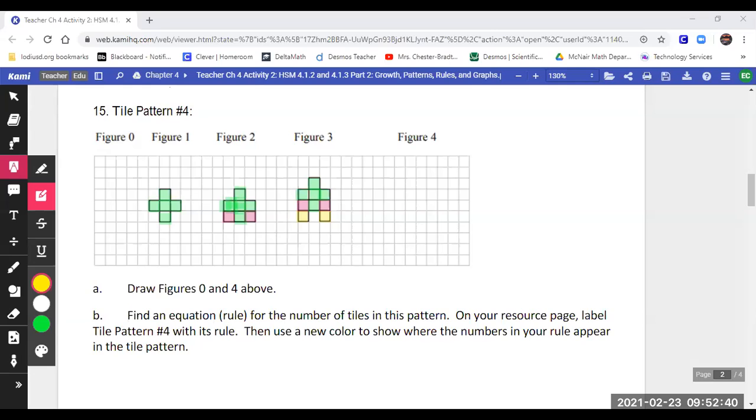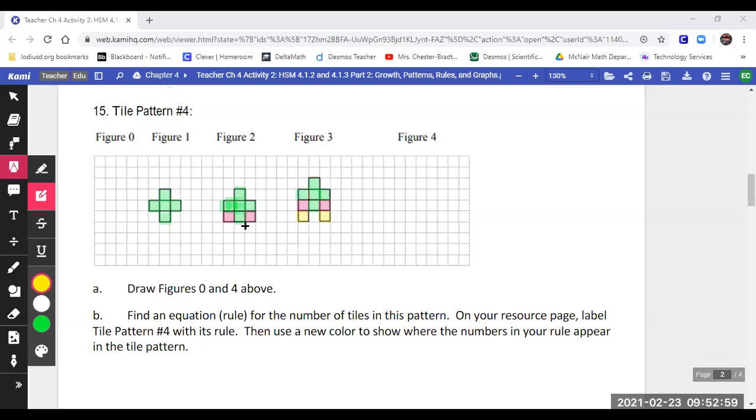We added 2 tiles below the left and right of the plus sign. So if I'm going to make figure 0, I have to take out 2 side squares because I added 2 to go from 1 to 2, and they were on the side.